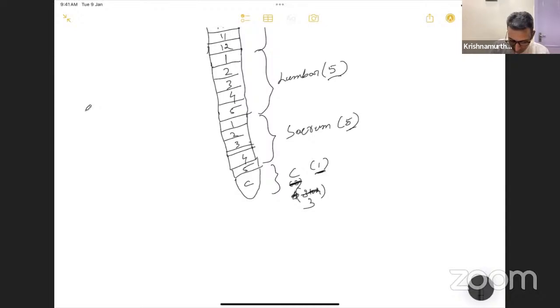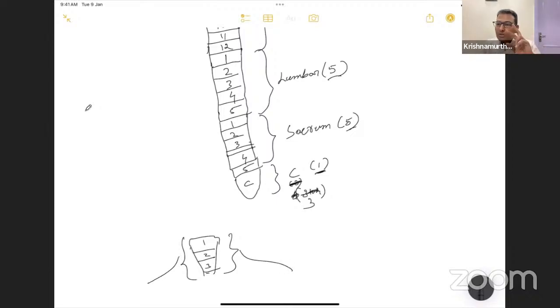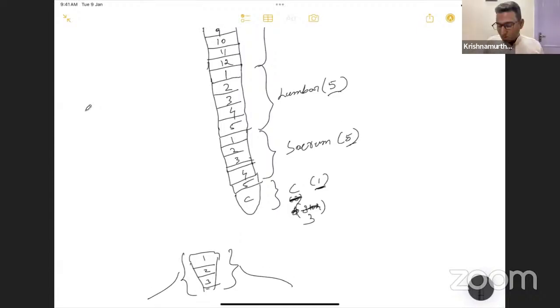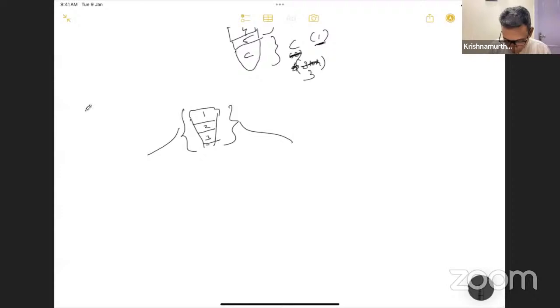Even though there are 3 bones, for all of the 3 there is only 1 nerve coming out. So what has happened? 2 is reduced. That is how we get 33 bones and 31 nerves.